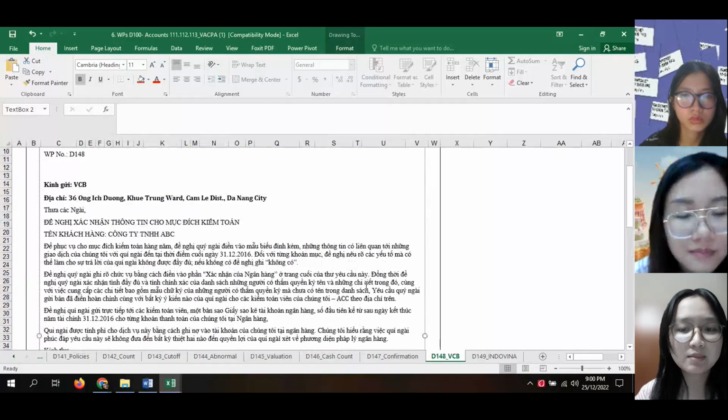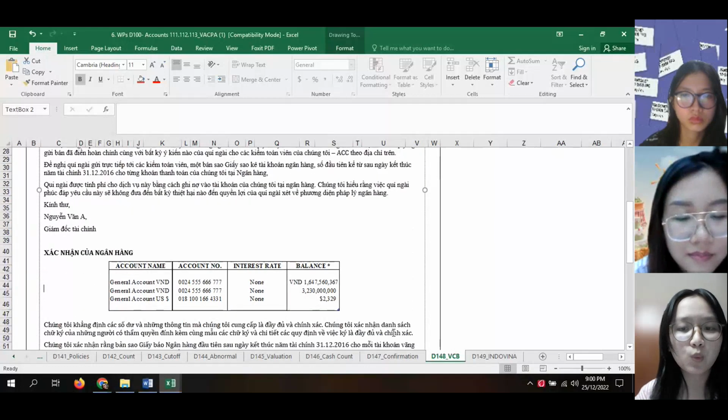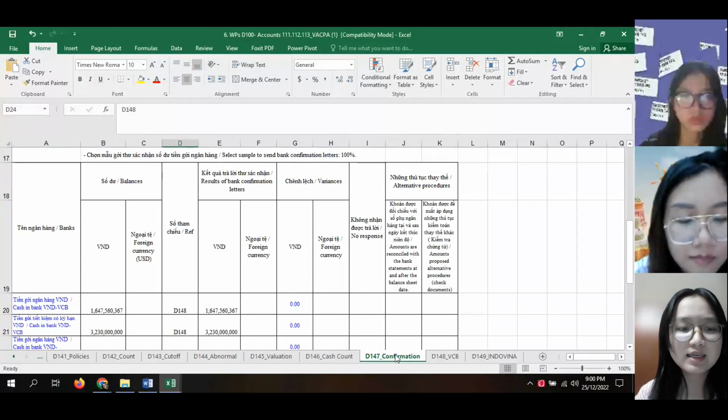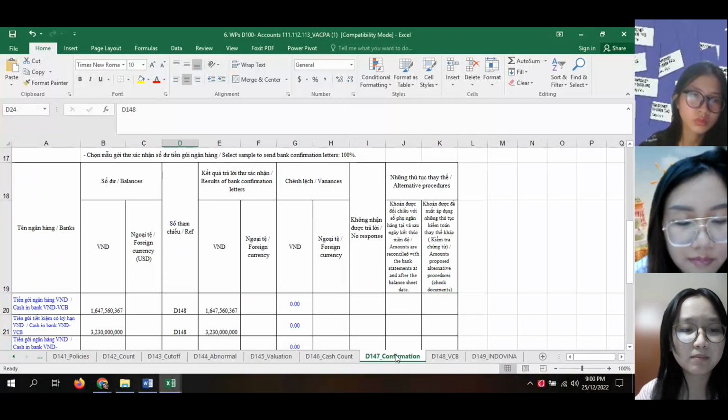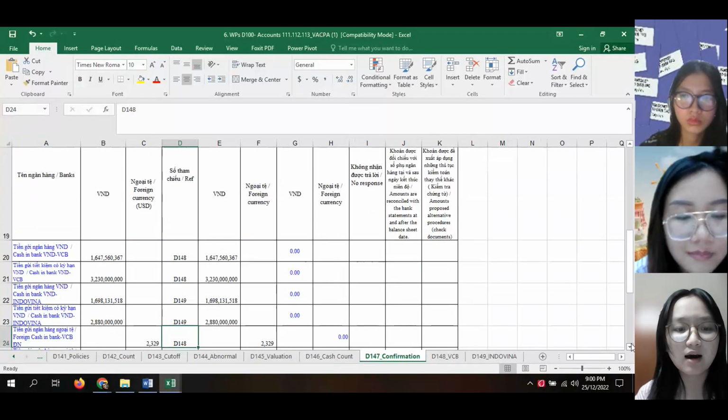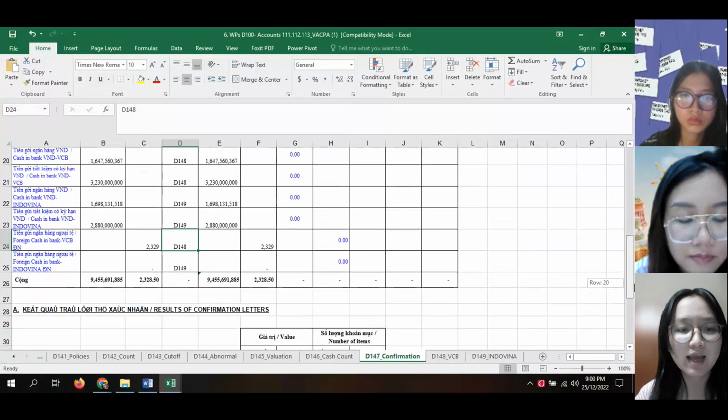So for cash in bank VND VCB, 1 billion 647,560,347 with the reference D148, and the cash in bank VND in VCB is 3 billion 230 million with the reference D148.